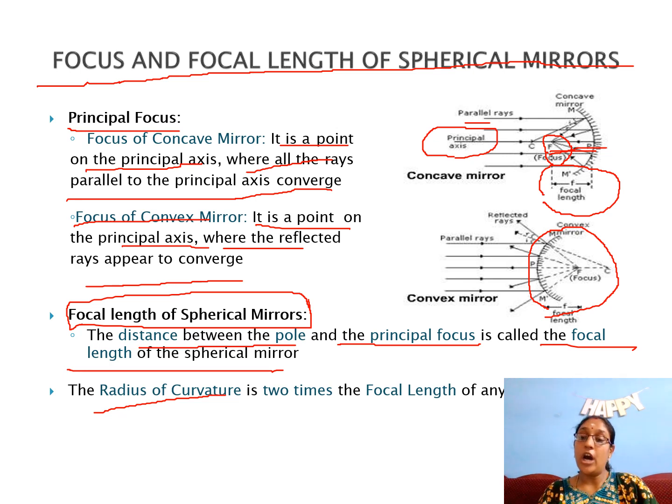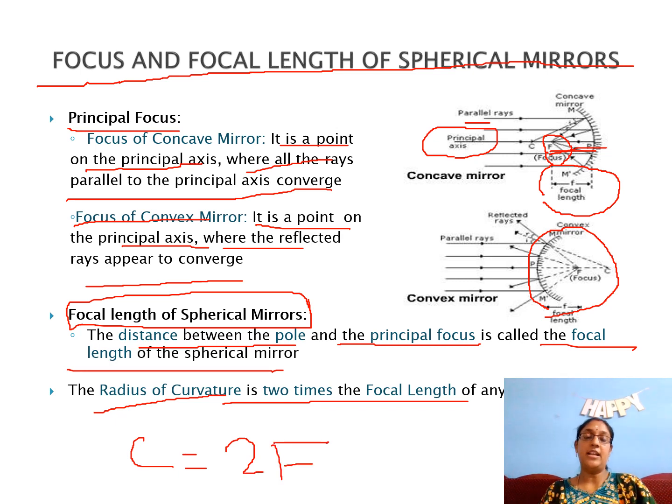The radius of curvature and the focal length are related by 2 times the focal length. That is, R is equal to 2F. The radius of curvature is nothing but 2 times its focal length. Got it, kids? What is your principal focus?